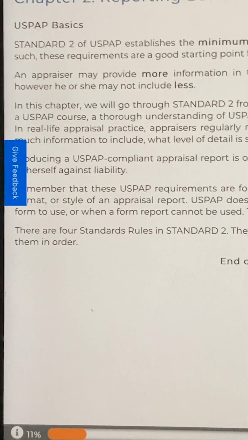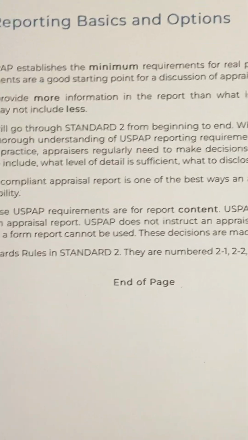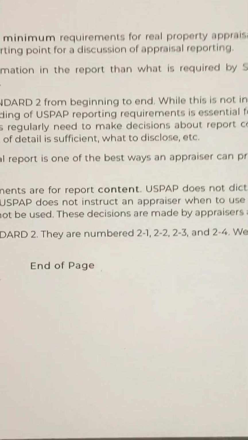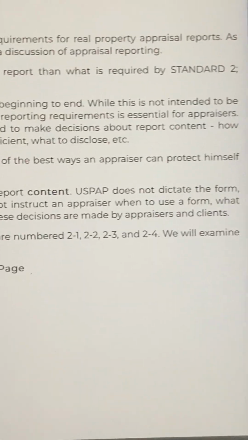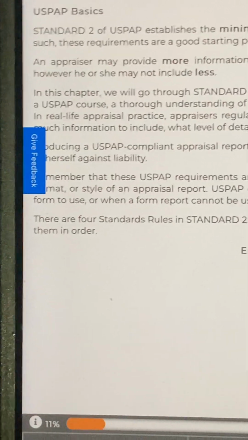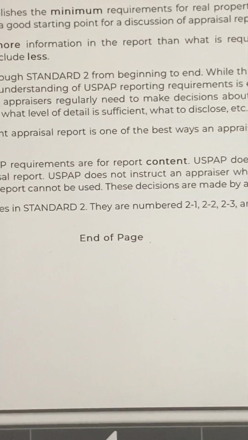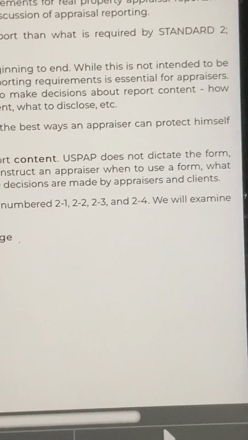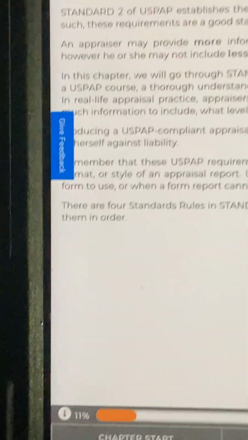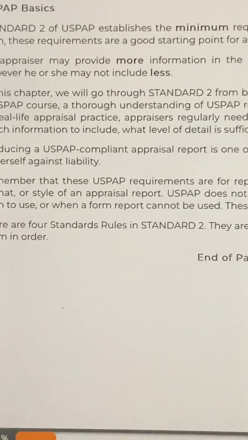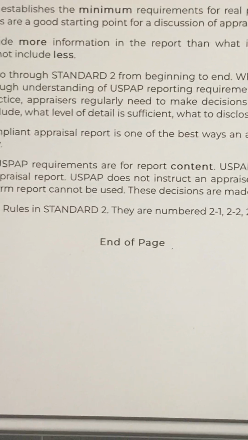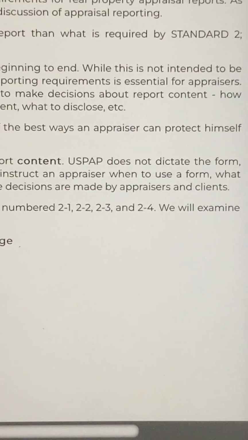In this chapter, we will go through Standard 2 from beginning to end. While this is not intended to be a USPAP course, a thorough understanding of USPAP reporting requirements is essential for appraisers. In real life appraisal practice, appraisers regularly need to make decisions about report content.